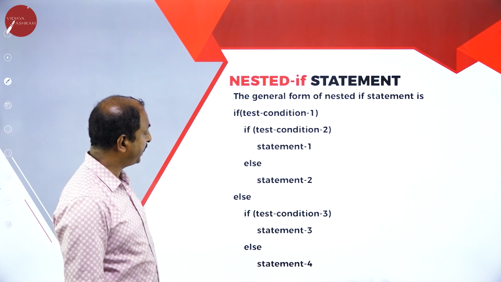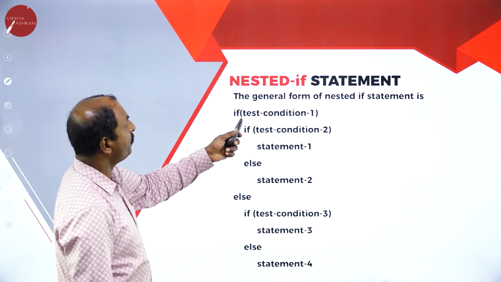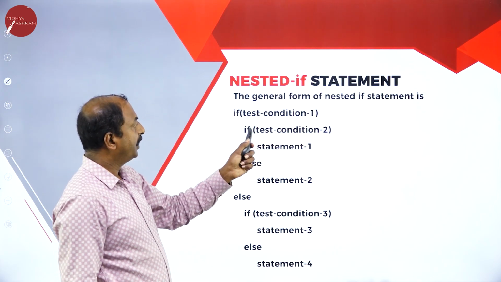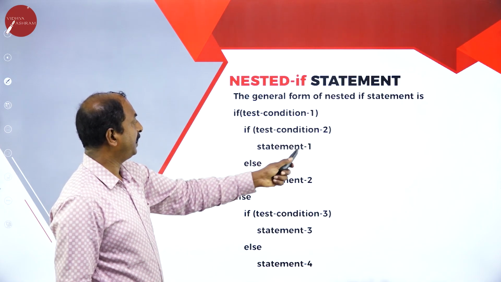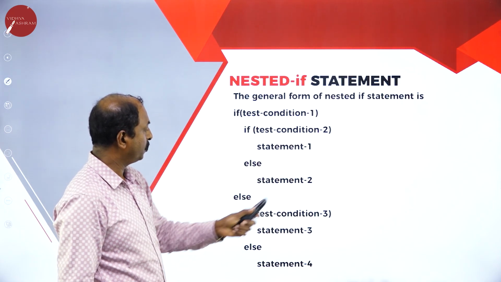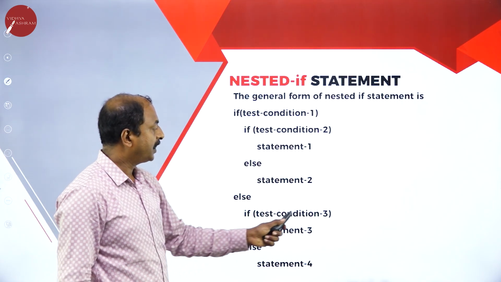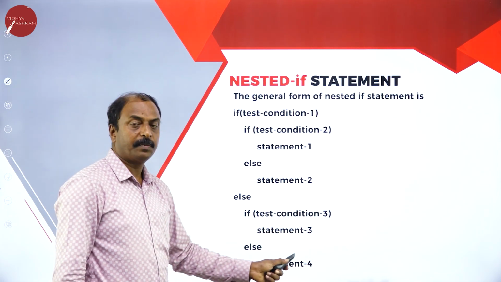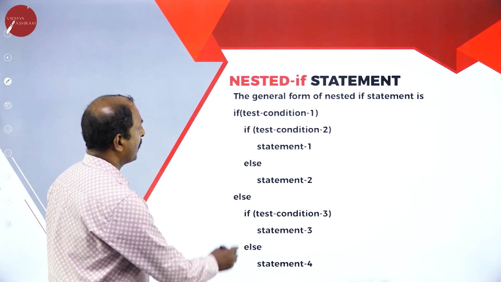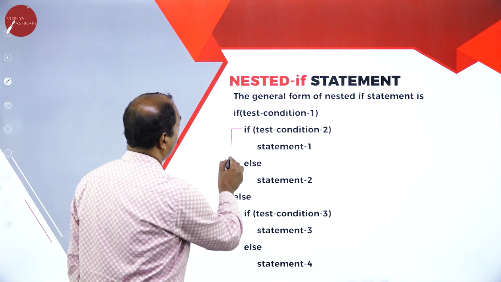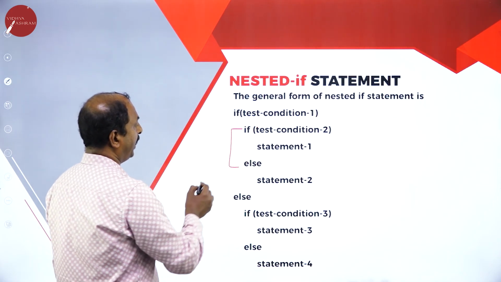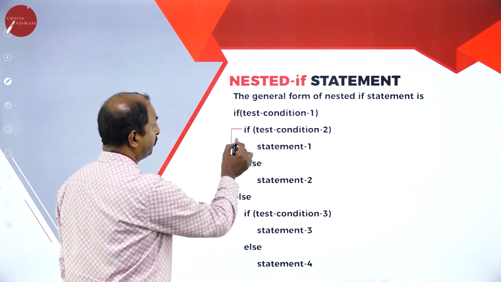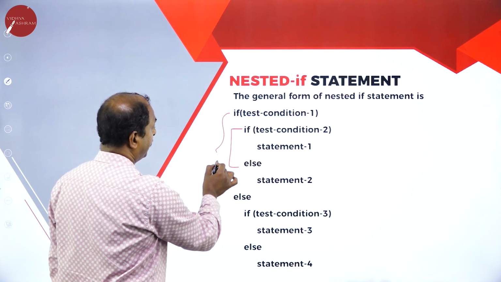Observe this syntax now. Here: if test condition 1, if condition 2, statement 1, else statement 2, else if condition 3, statement 3, else statement 4. If you observe this, this is one if else statement, and it is present inside the if part.